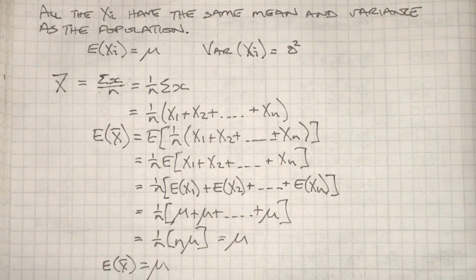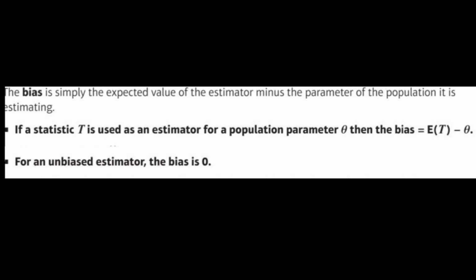If it was off, then we would say it's a biased estimator. But because it was exactly on mu, x bar is an unbiased estimator of mu. This means that any particular calculation of x bar is likely to be an unbiased estimate of the population mean, mu.